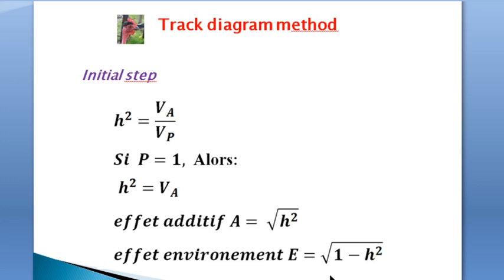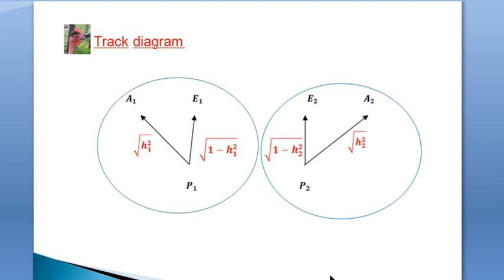Now, once we have this, the next step is all about establishing our tracks. Okay, so we know that the correlation is established between two variables or parameters. If we assume that we are searching for the genetic correlation or the additive correlation between phenotype 1 and phenotype 2, we'll separately represent both phenotypes.